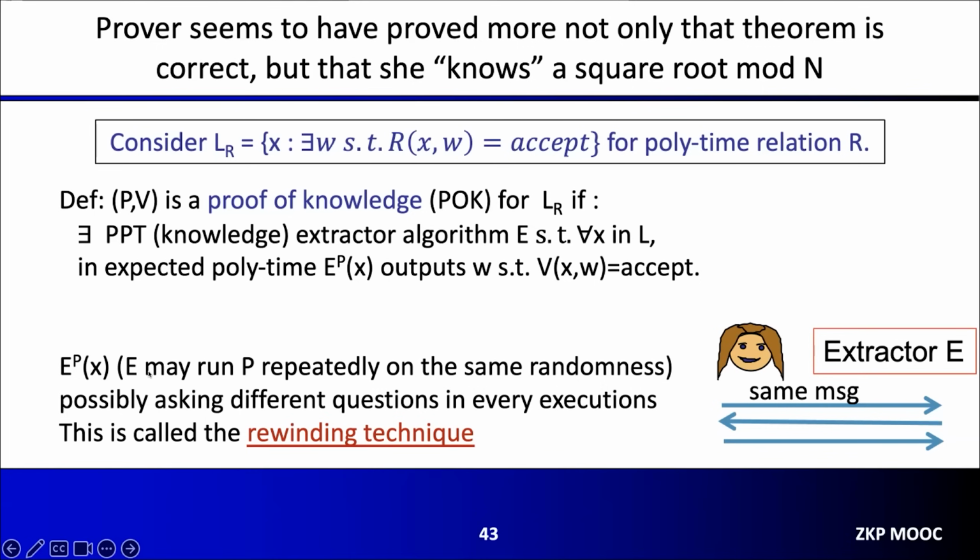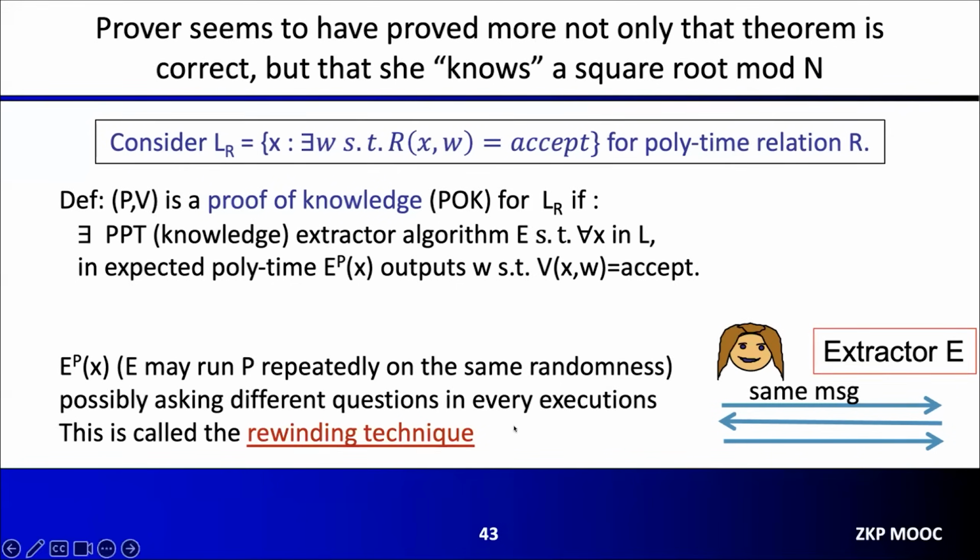Now, I wanted to make one thing clear: when I say that the extractor runs P multiple times, I can make it run so that in every execution, he asks me the same first message. So it's like saying I can rewind him to get started from the same starting point on the same randomness.